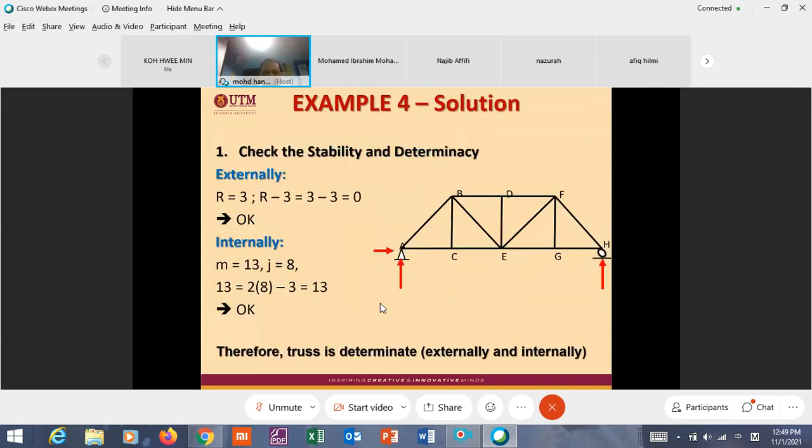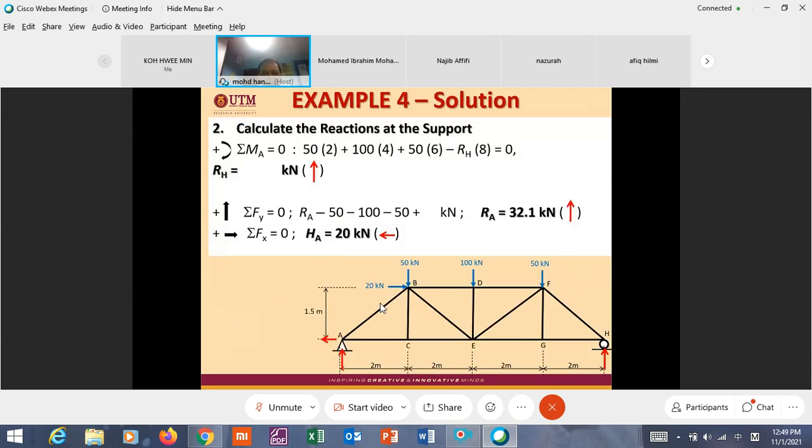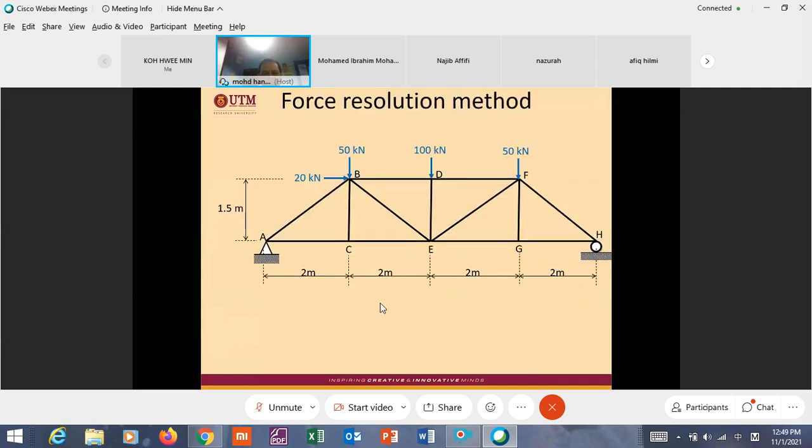I just showed you the check for stability and also the reaction. But for the force resolution or the member forces, it is maybe not included in your slide. But if you have problem, I can give the solution and send it through WhatsApp. Okay.